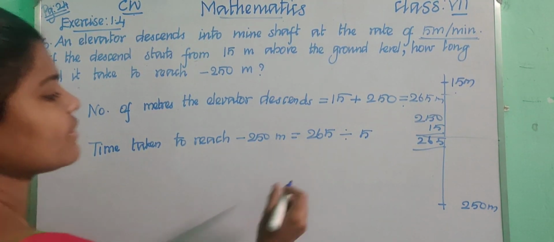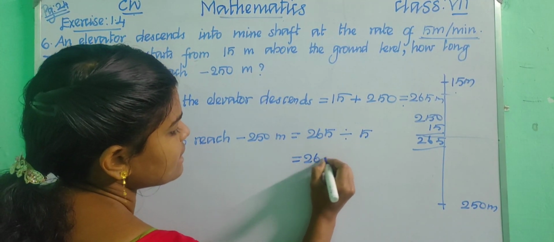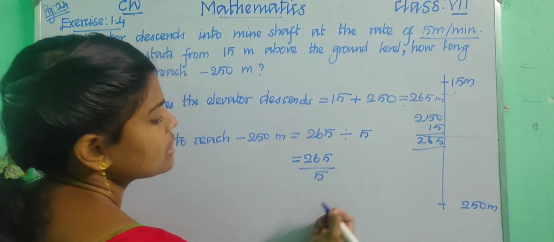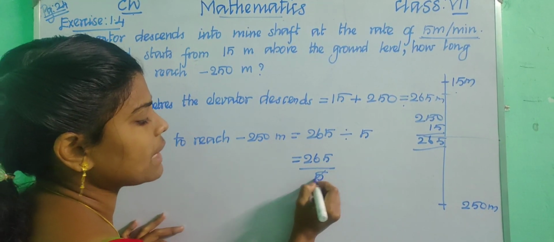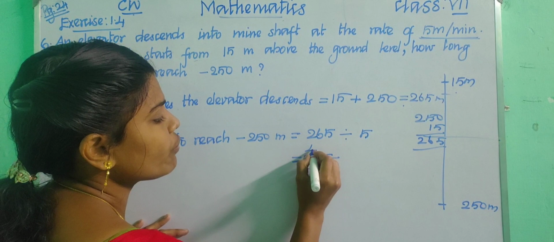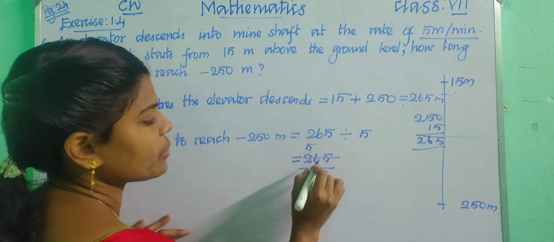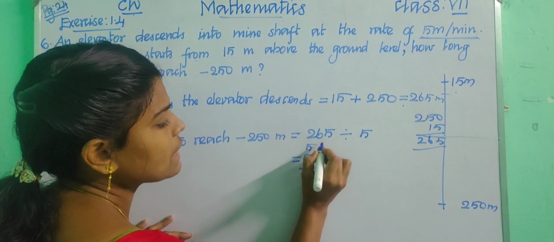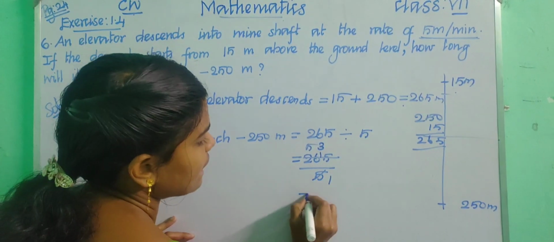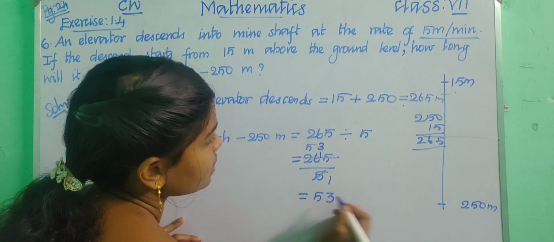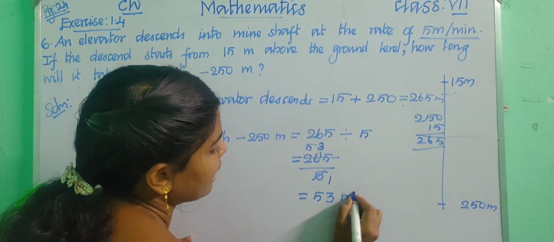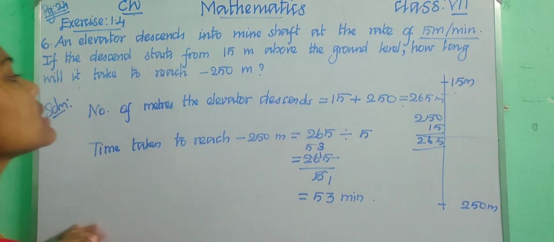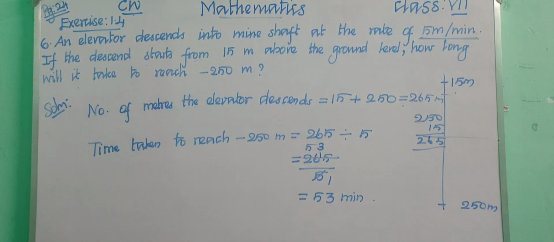Okay, children, so that we can write 265 divided by 5. So we can cancel by using 5 table, right? 1 5 is 5, 5 5s are 25. Okay, and remaining 1, right? So 3 5s are 15. So that totally 53 minutes. It will take 53 minutes to reach minus 250 meter.